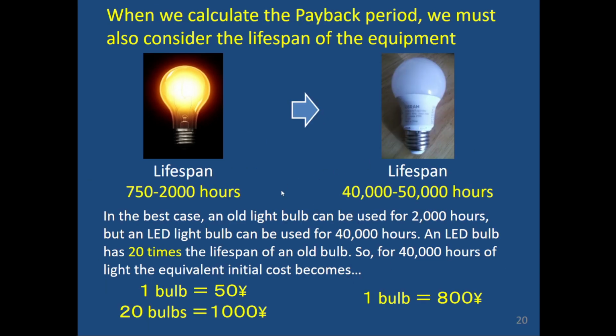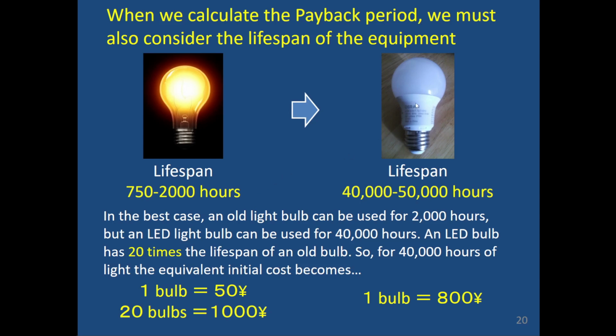But further problem, when we calculate the payback period, we can't just compare a one-to-one bulb because of the lifespan. An old style bulb lifespan is pretty short, about 750 to 2,000 hours, depending on the use and the type.